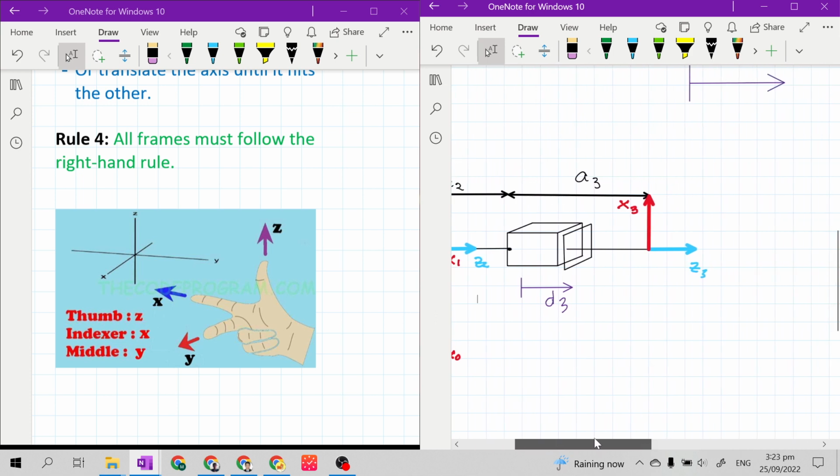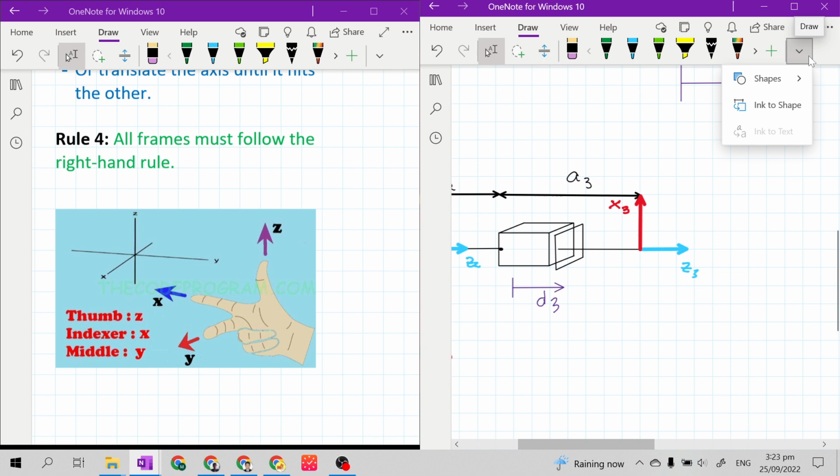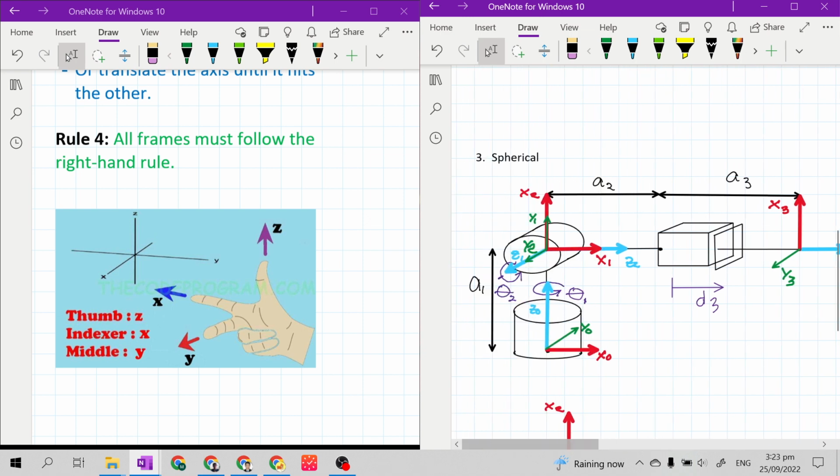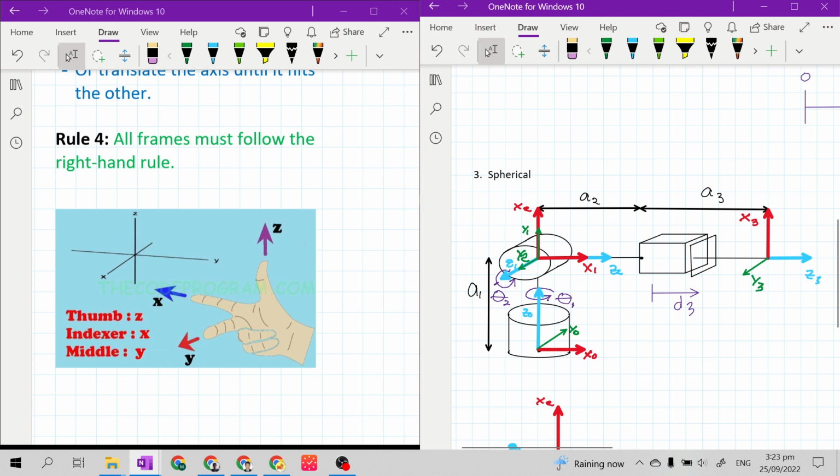Next, for the end effector frame, z sub 3 is pointing to the right, x sub 3 is pointing upward, so y sub 3 should point to the front. Okay, so this is our y sub 3. Okay, so remember this compliance to the rule. Okay, so this is the kinematic diagram for the spherical manipulator.